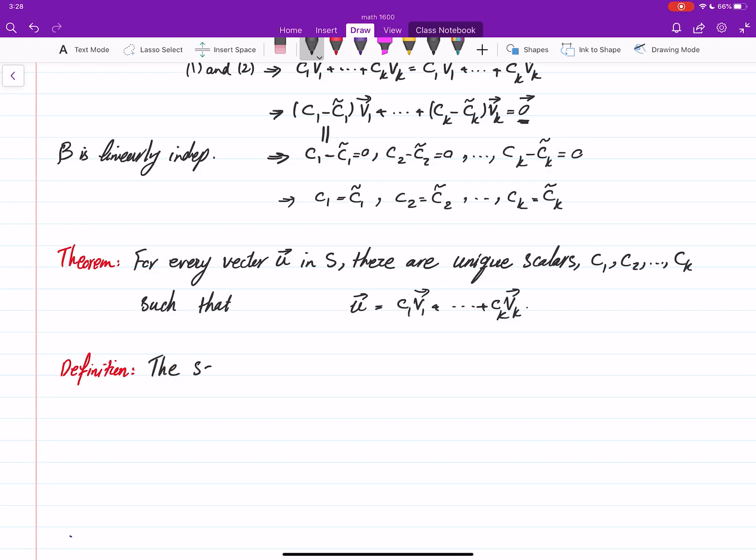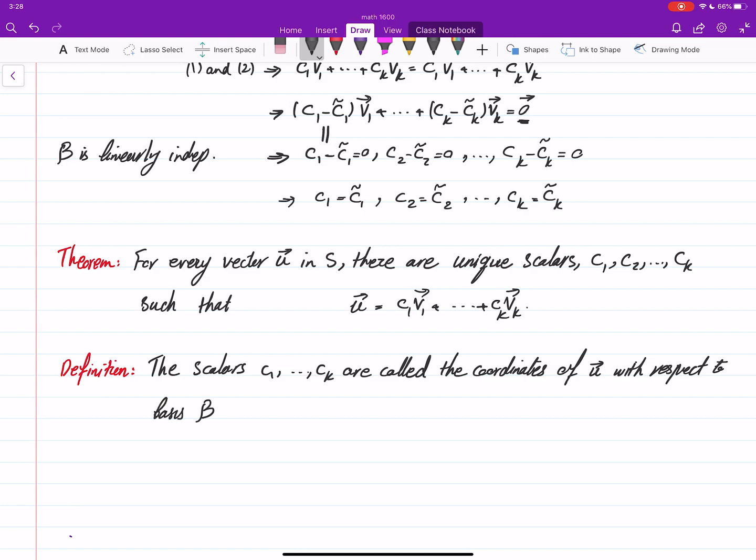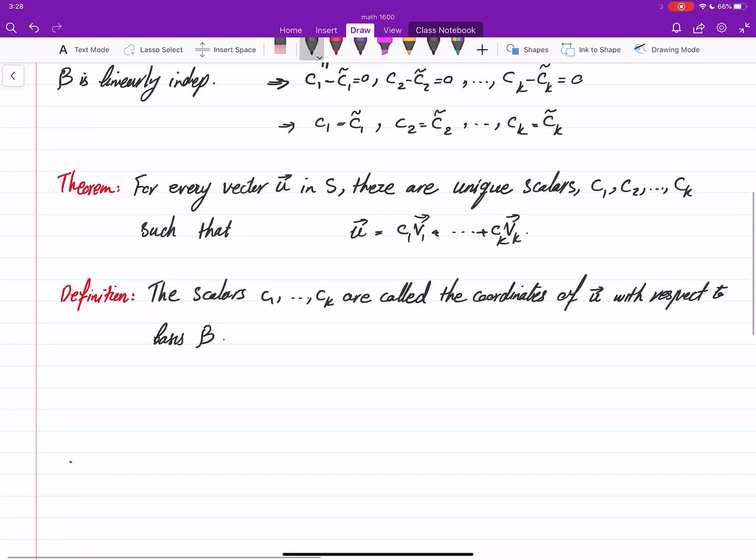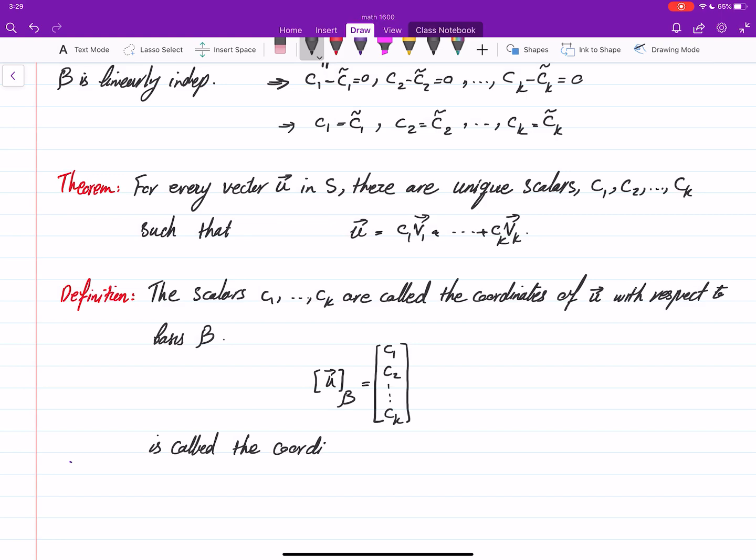So the scalars c1 up to ck are called the coordinates of u with respect to basis curly B. And if we put these numbers in a column vector c1, c2 up to ck, this column, denoted by the bracket of u indexed by B, is called the coordinate vector of u with respect to curly B.